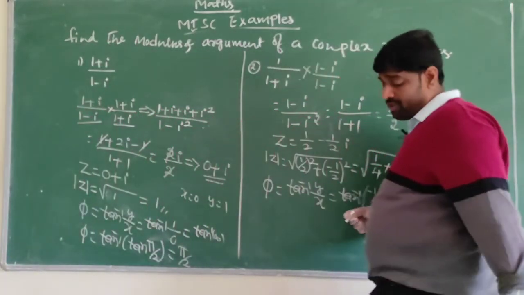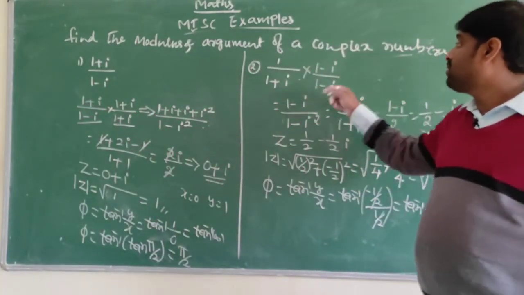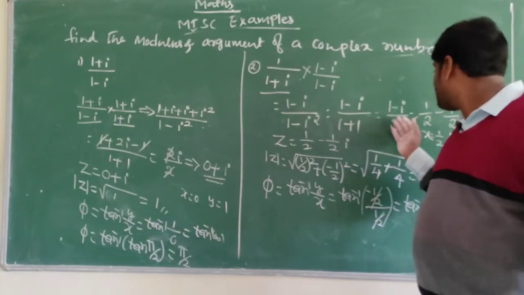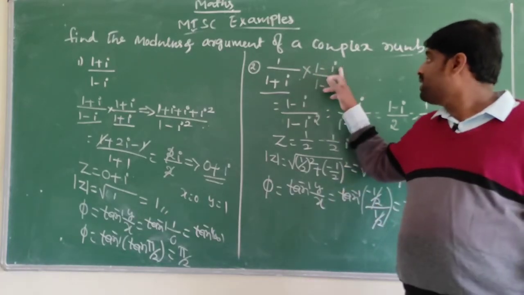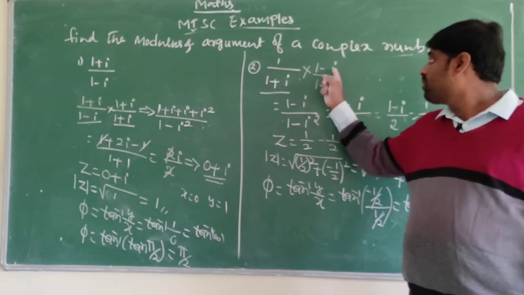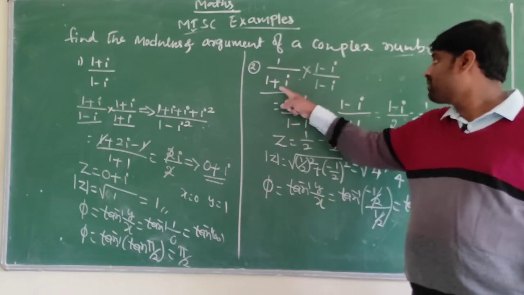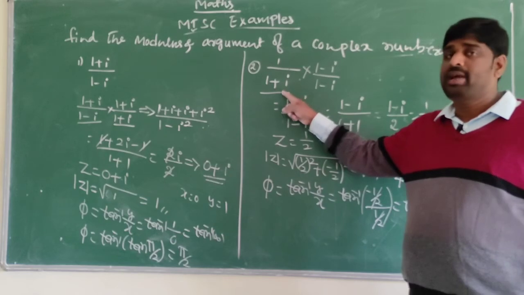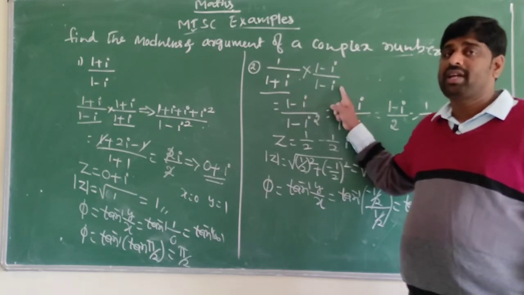Now come to the next problem, that is 1 plus i. That standard number is 1 plus i. Rationalize the denominator, and you will get the complex number 1 minus i divided by 1 minus i. So 1 minus i divided by (1 plus i) into (1 minus i), which is 1 minus i squared, the form of (a plus b) into (a minus b).